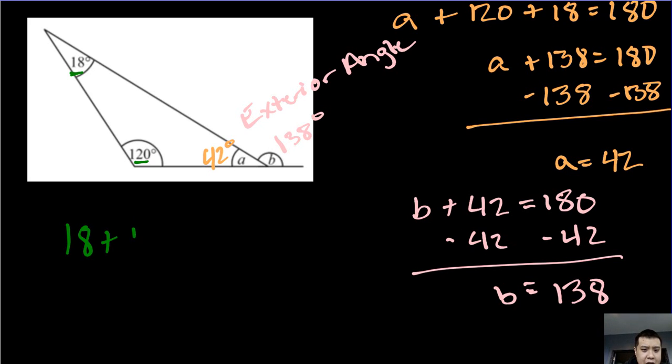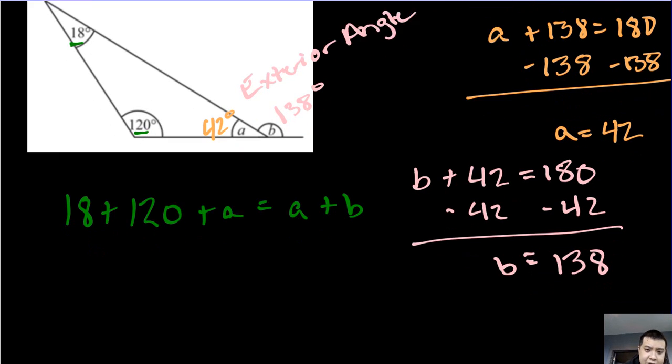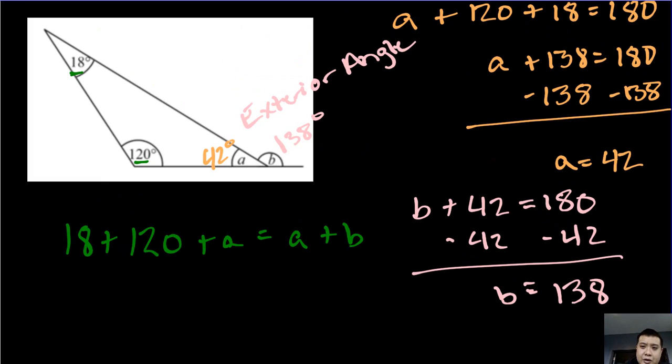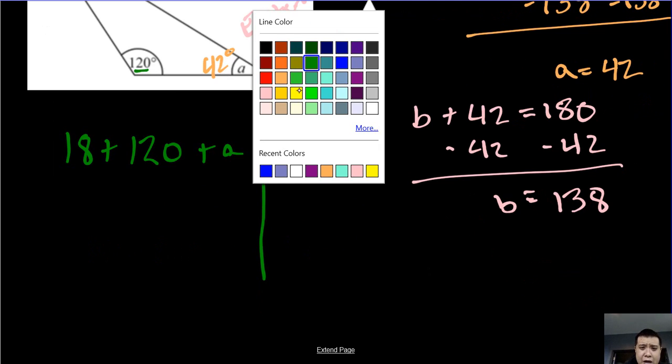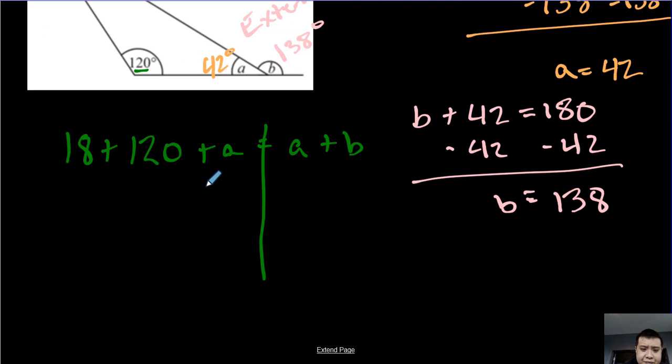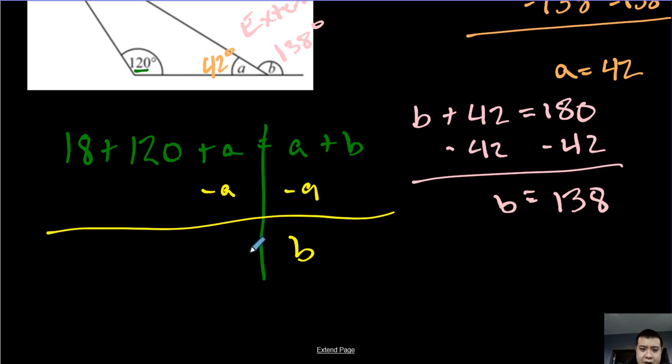Therefore, 18 plus 120 plus A is going to equal A plus B. As a result, if we go down that logic a little further, we can subtract A from both sides, and we get B equals 18 plus 120.